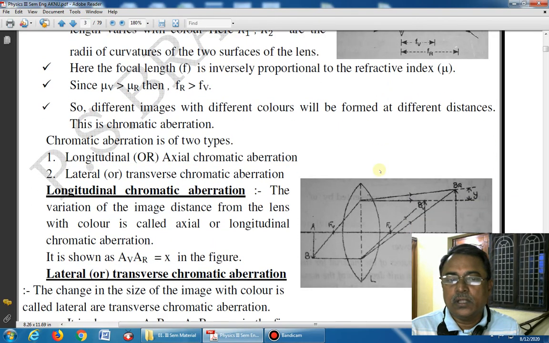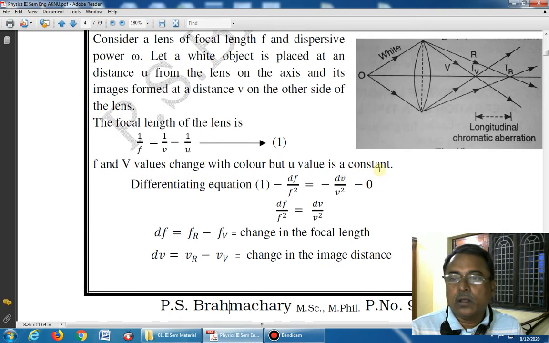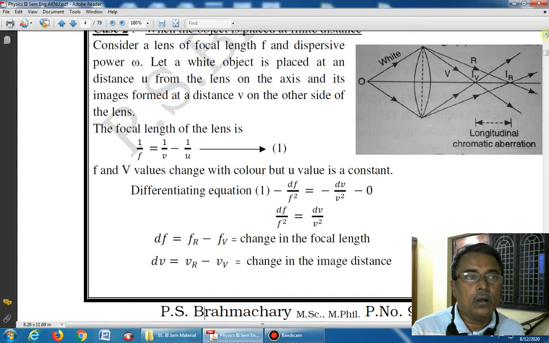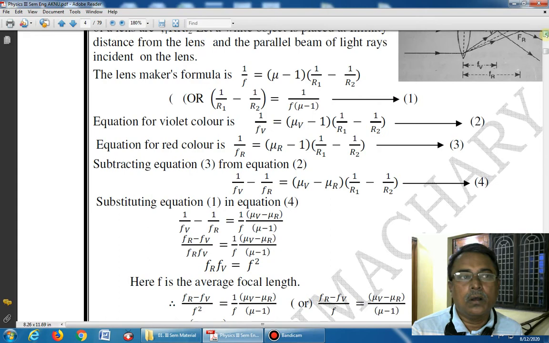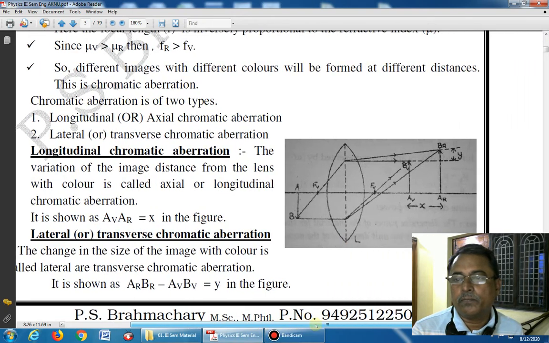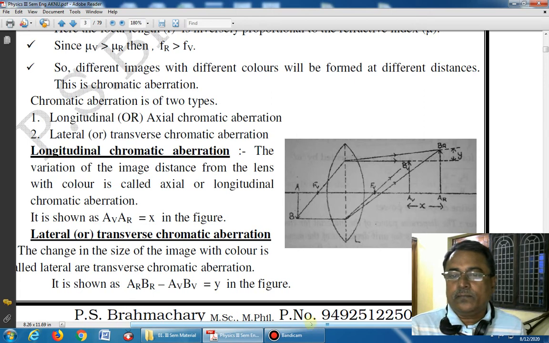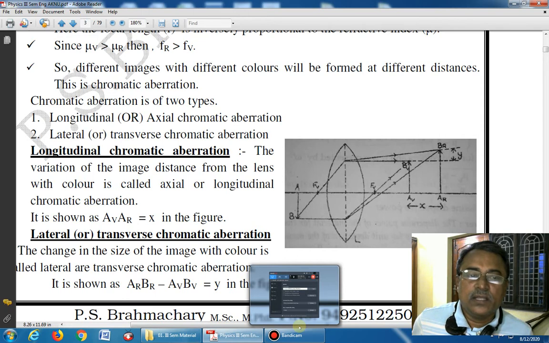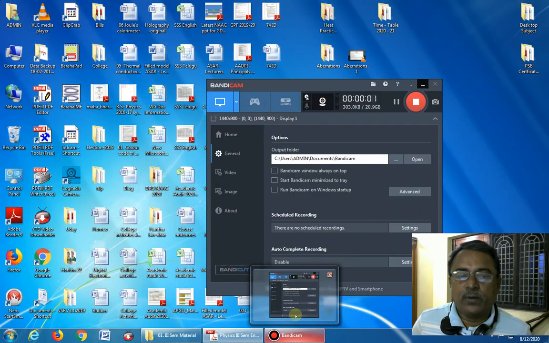Coming to the longitudinal chromatic aberration, the change in the position of the images of different colors is called longitudinal chromatic aberration.